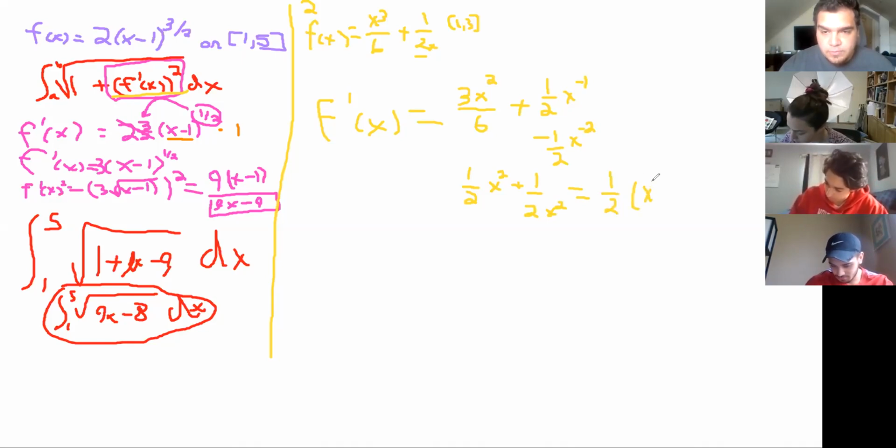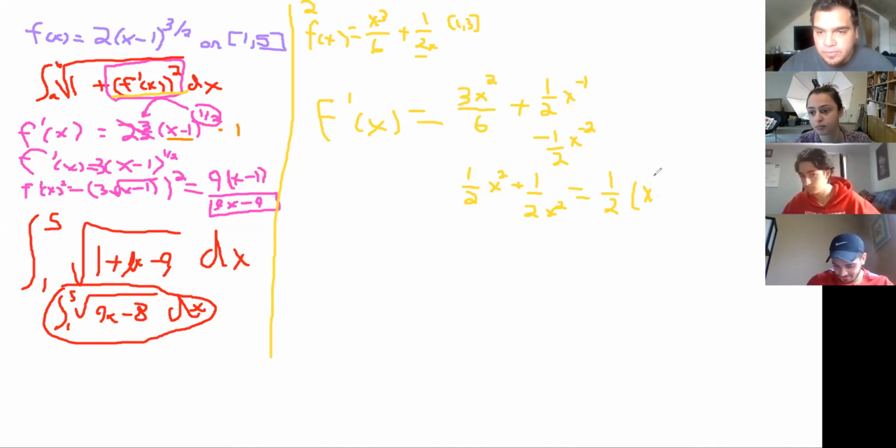Actually, do we want to factor it out? I guess, well, we're going to have to square it, so maybe factoring out is not that useful. So x squared plus, I'm sorry, x squared minus 1 over x squared.